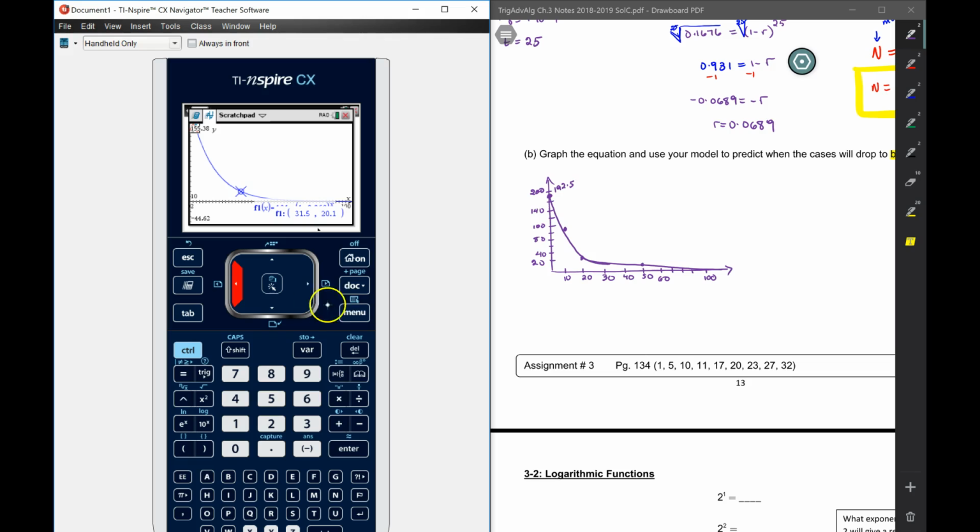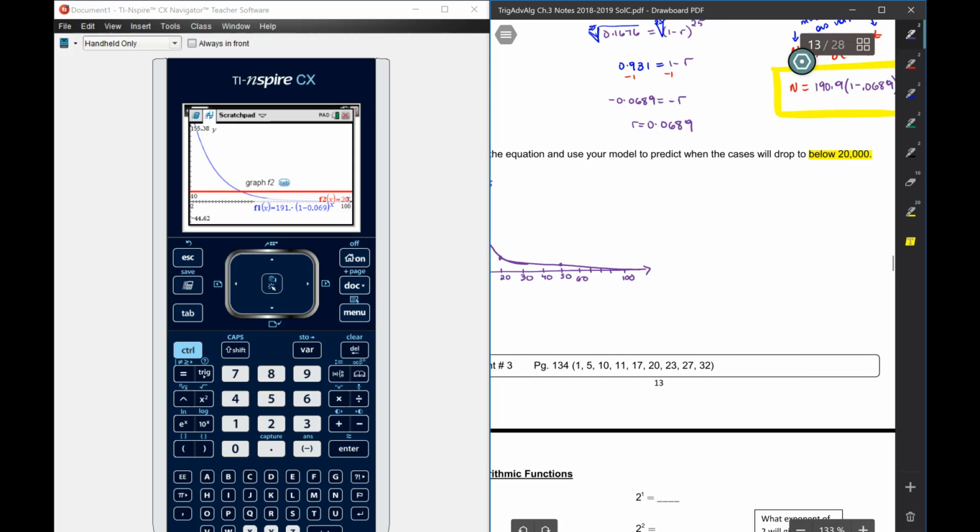To know more precisely, go back to tab, and press 20, enter. So look, that's the line, right? Where did we say it was? It was around 19, but the year was around 31, right? So we say 31 years.